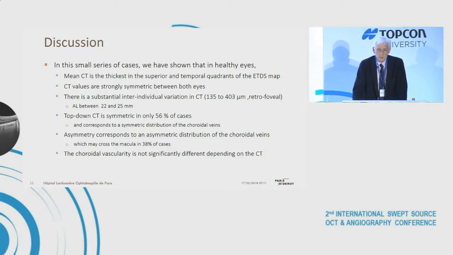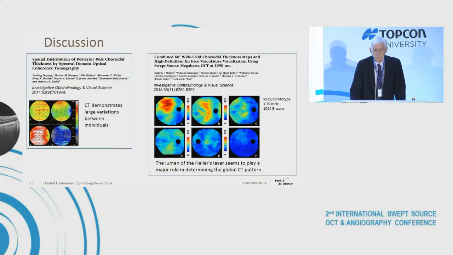Top-down choroidal thickness was symmetric in only 56% of cases and corresponded to a symmetric distribution of the choroidal veins. Asymmetry corresponded to an asymmetric distribution of the choroidal veins, which may cross the macula in 38% of cases, and the choroidal vascularity was not significantly different depending on the choroidal thickness.